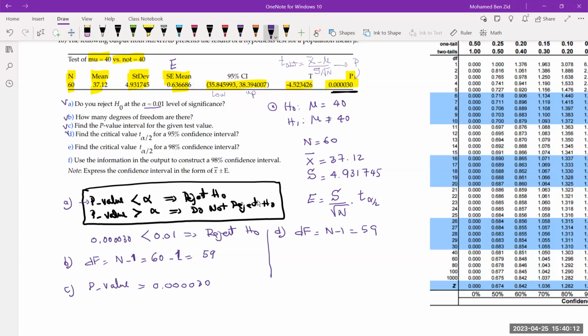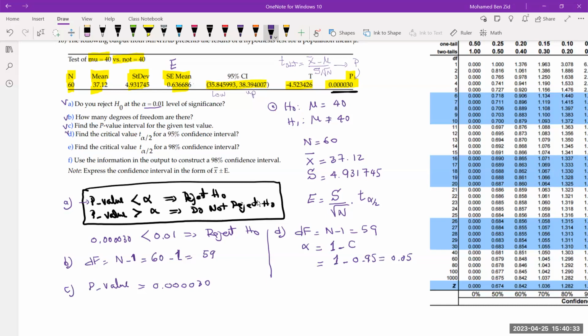We got it. And you need the alpha, which is always 1 minus the confidence level. In this case it is 1 minus 0.95, and that's going to be 0.05.